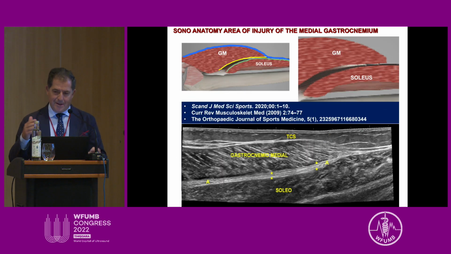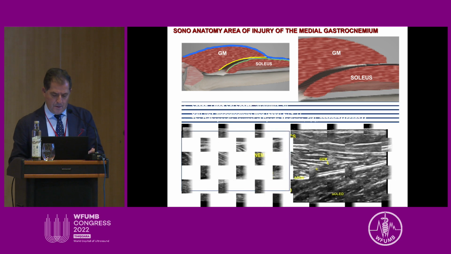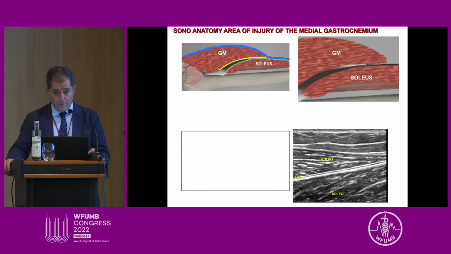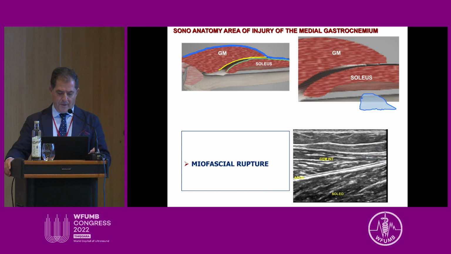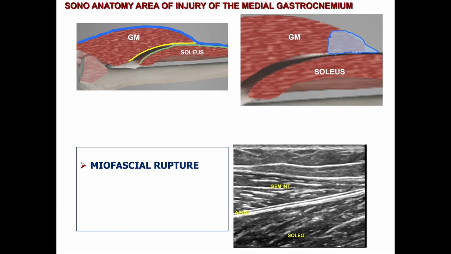Pay attention, there are a lot of classifications. Even last year, in 2021, there was one, but some of them are very complicated. In my point of view, it's easier to use this classification with 4 types of injuries.